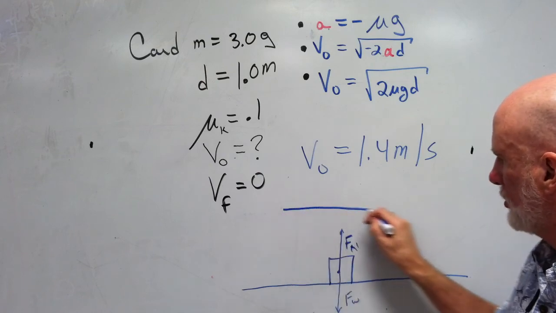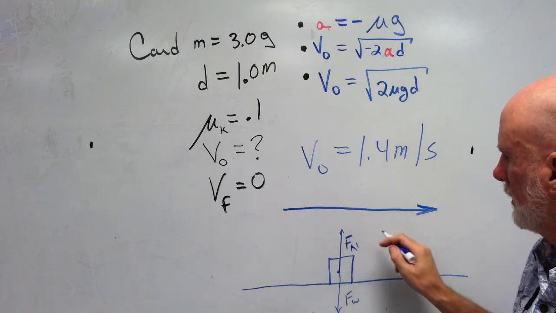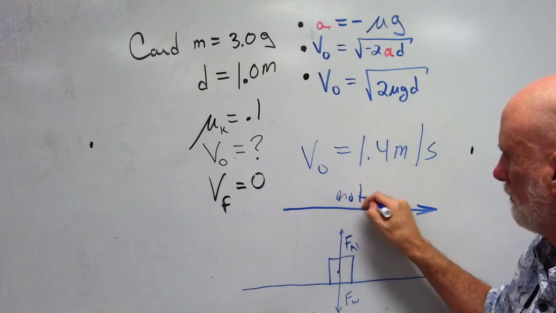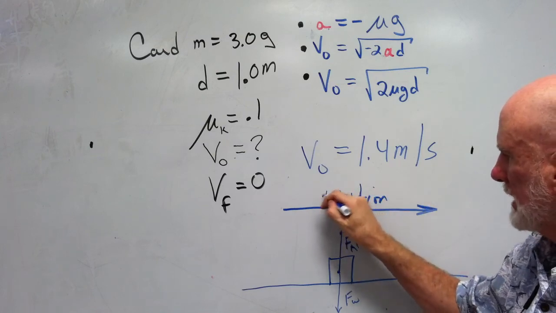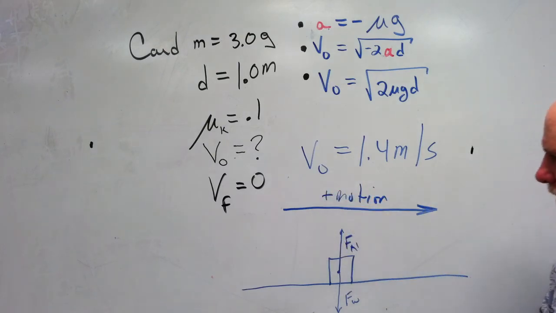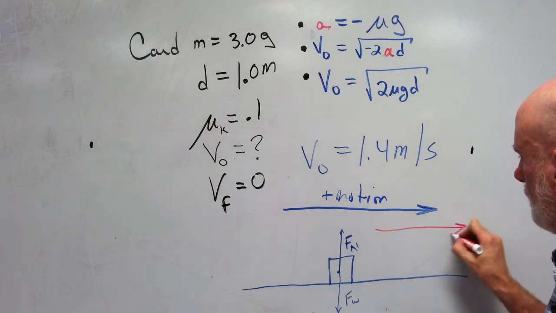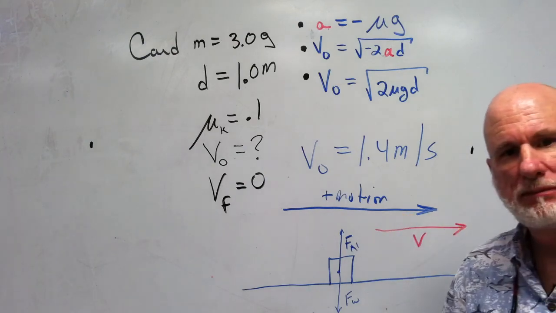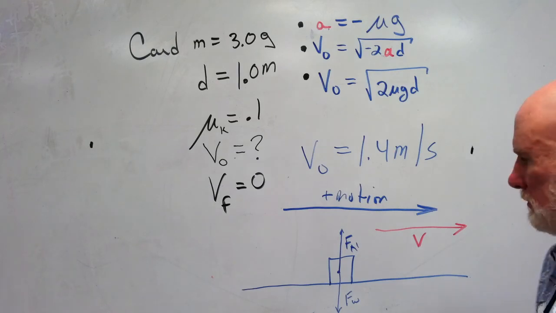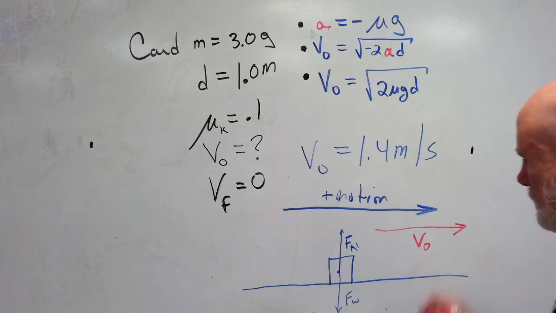Here I have the motion. That's the motion. That's positive. Now, here I have my initial velocity.